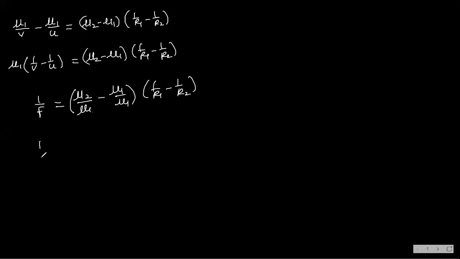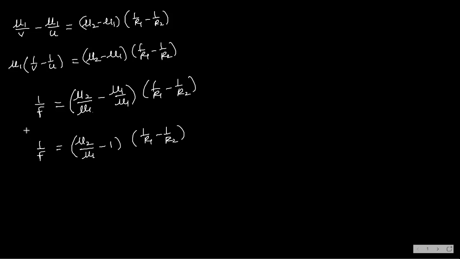So you got 1 by f is equal to mu2 by mu1 minus 1, into 1 by R1 minus 1 by R2. This is your lens maker's formula.